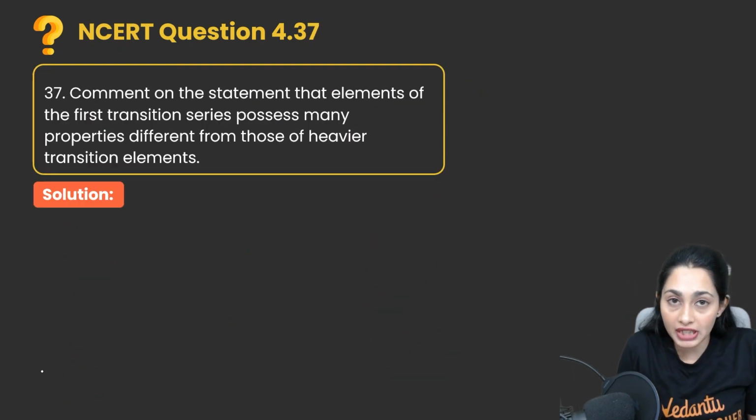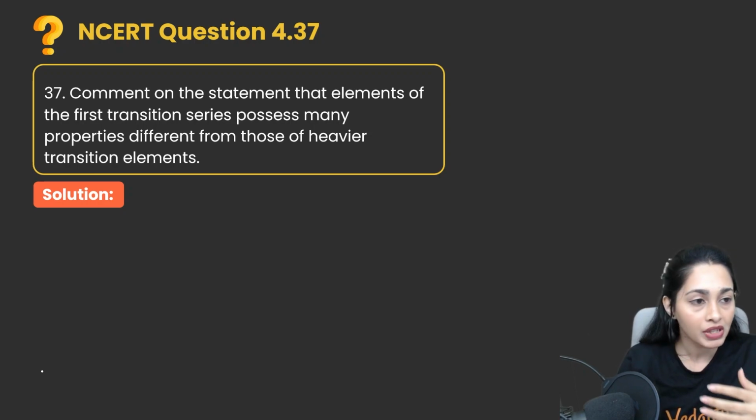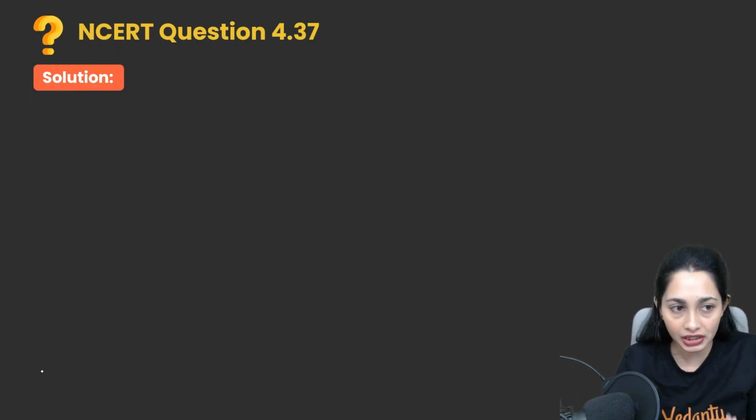This is about the metal ions and their respective number of d electrons and filling up of d orbitals. Question number 37: Comment on the statement that elements of the first transition series possess many properties different from those of heavier transition elements. How can we give some pointers?